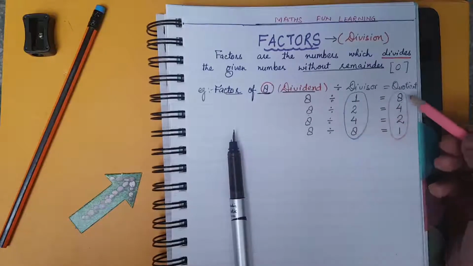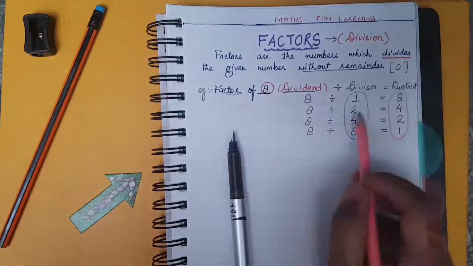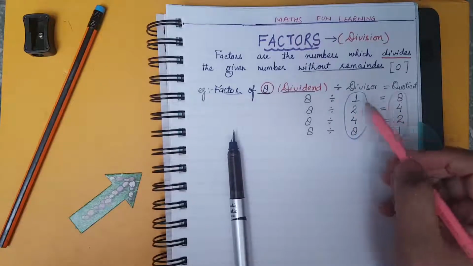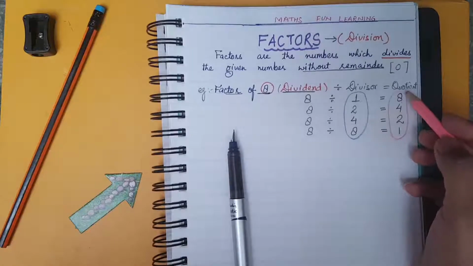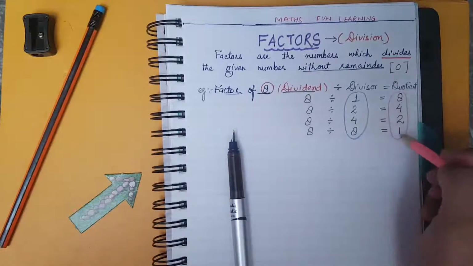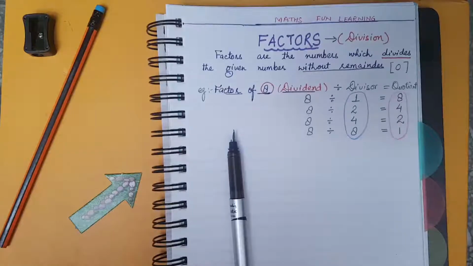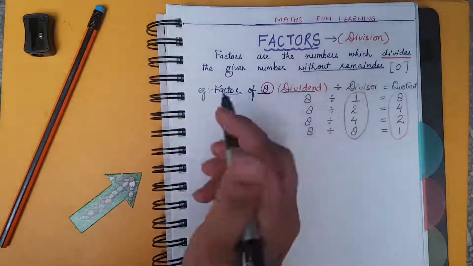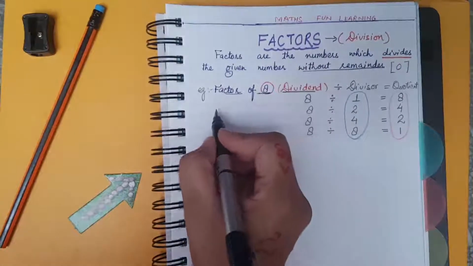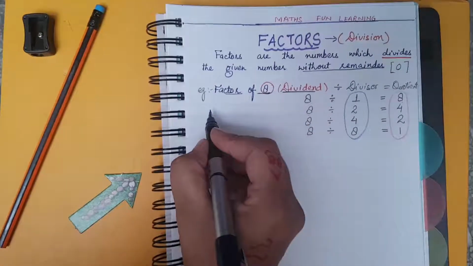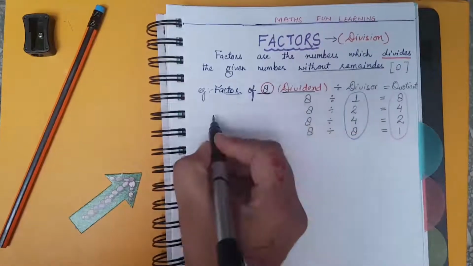This one is increasing and this one is decreasing, but you can see all the digits are the same. The digits in the divisor and the digits in the quotient are all the same. So the factors of 8, we will write in increasing order. Whatever factors you get, you always have to write in increasing order.